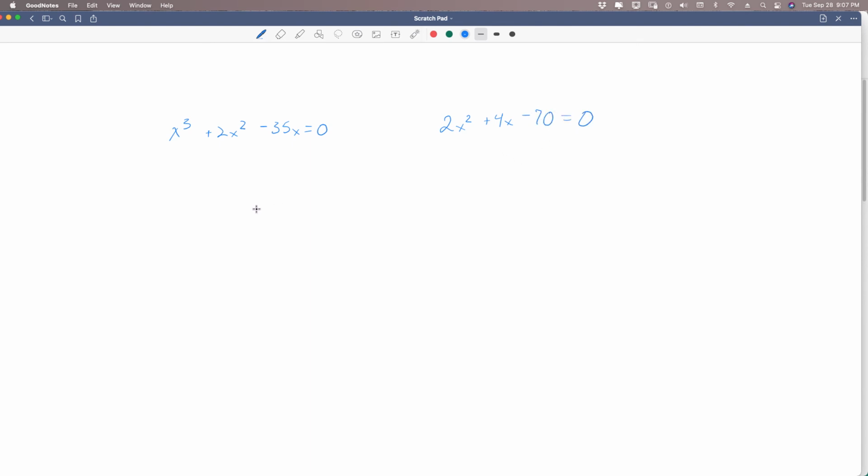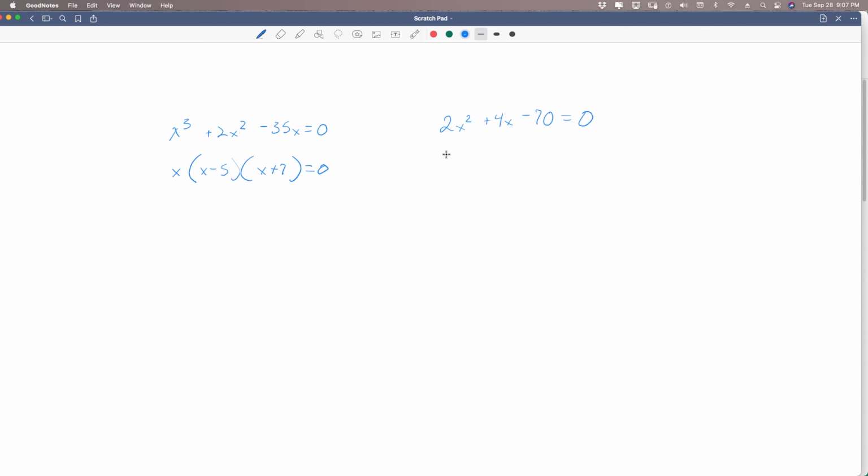What do we see? The results of the factoring are similar. We see some similarities between the two of these. We see that the factors here are just like in the problem we did recently, x minus 5 and x plus 7.